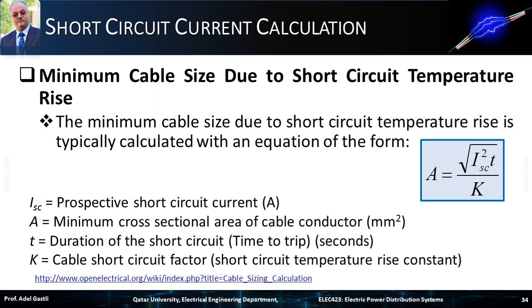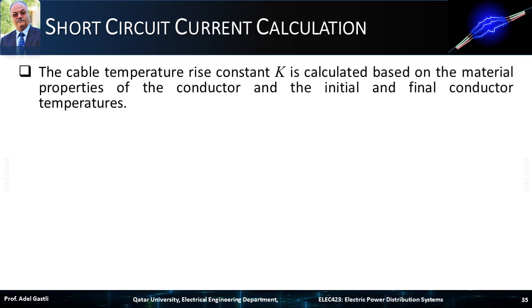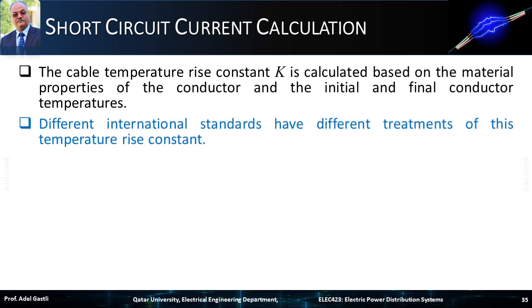The cable temperature rise constant K is calculated based on the material properties of the conductor, and the initial and final conductor temperatures. Different international standards have different treatments of this temperature rise constant.